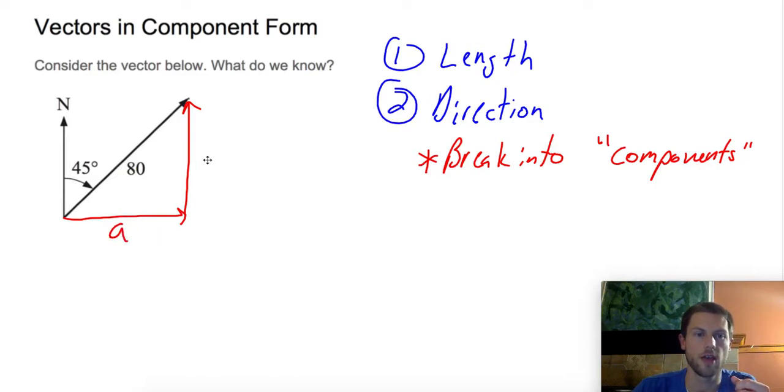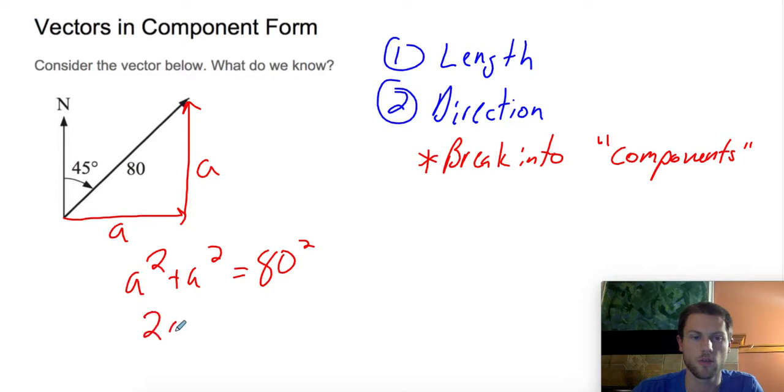Let's call this A. Since this is a 45-degree angle, this really makes a 45, 45, 90 triangle, so both of these have a distance of A. If we wanted to find the horizontal and vertical pieces, we can just use the Pythagorean theorem, and we could say that A squared plus A squared equals 80 squared. So that's going to be 2A squared equals 80 squared, and if you work out the math here, I think A is going to equal about 56.6.